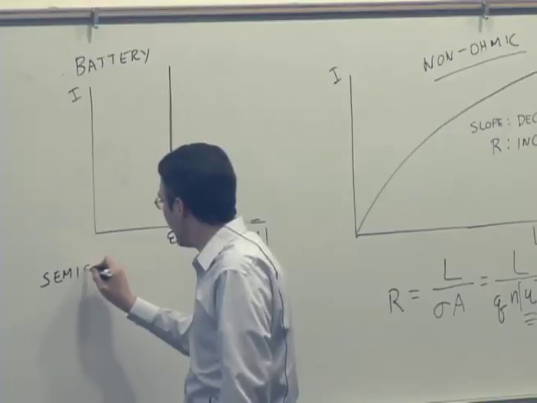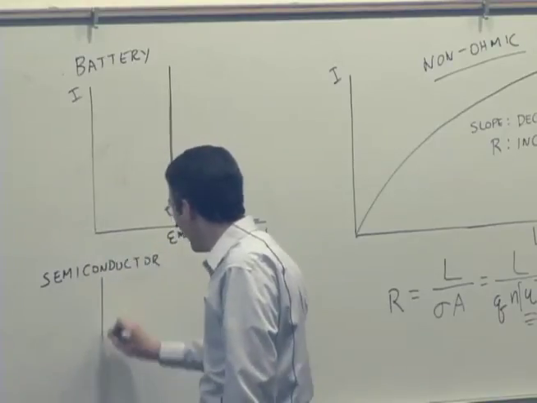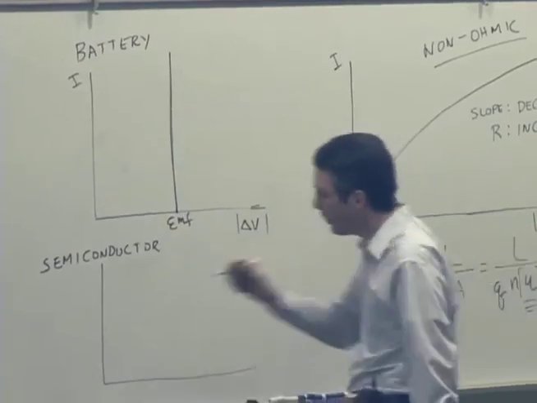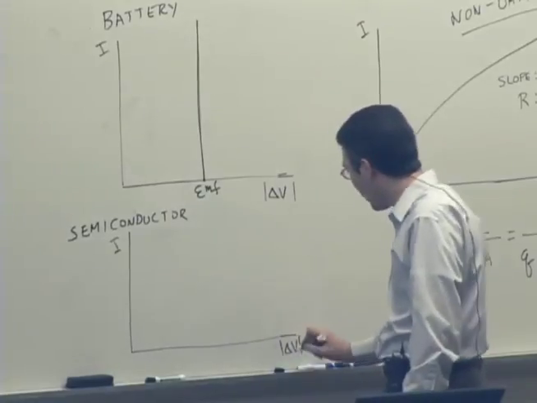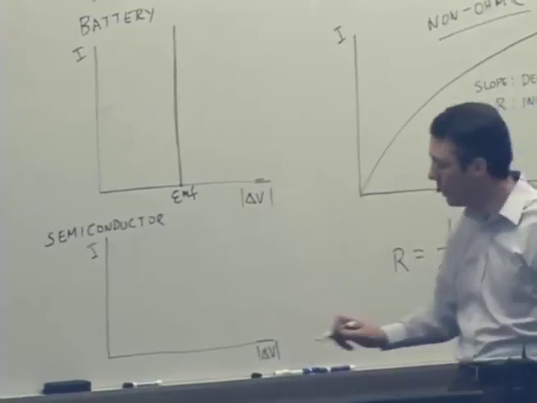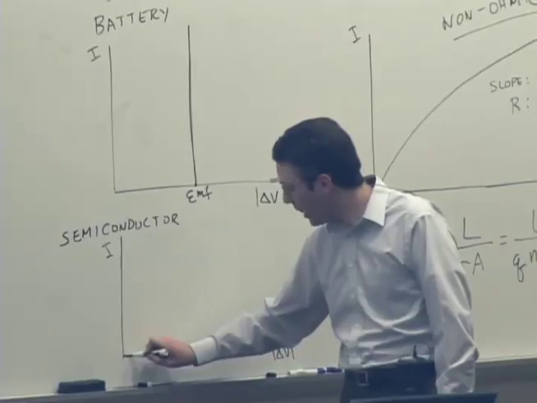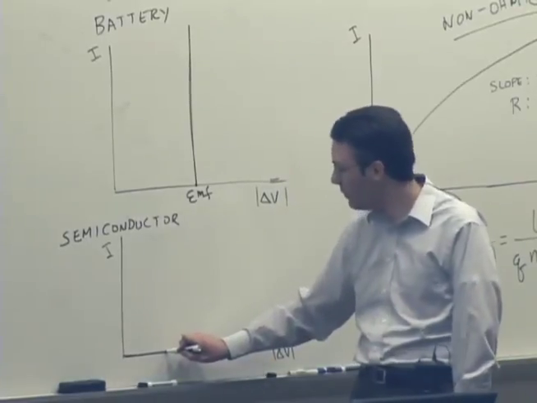Semiconductors are kind of interesting. In a semiconductor like silicon or some other material, and it depends not just on the material but also on how it's treated, what it's doped with, what types of impurities there are in it, you can have a situation where you apply a potential difference and it behaves like an insulator for a while. There's just no current.